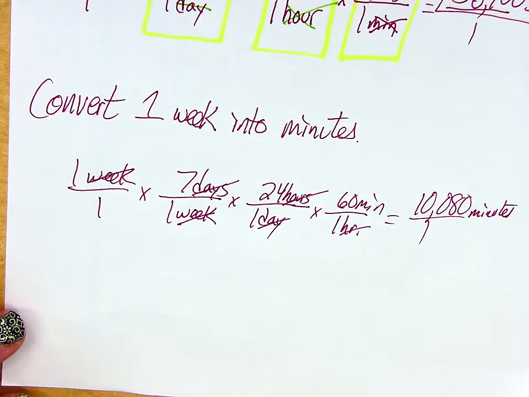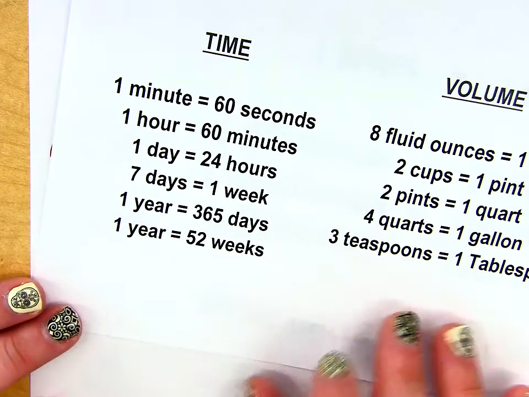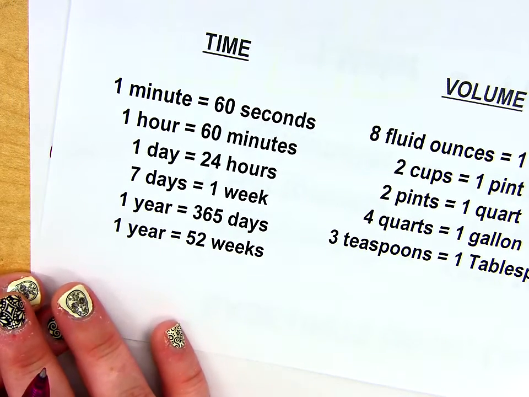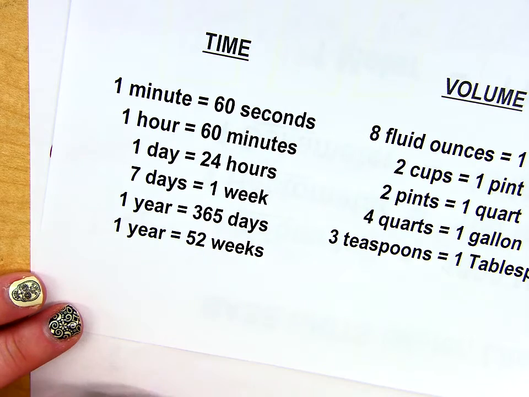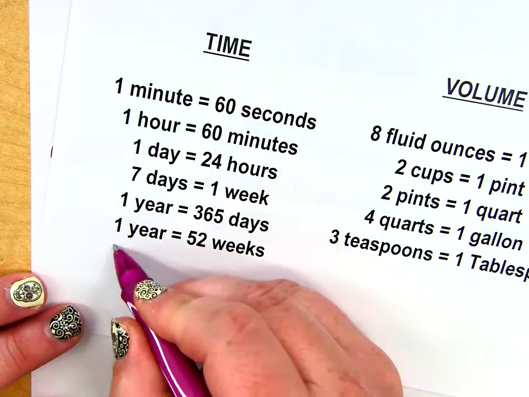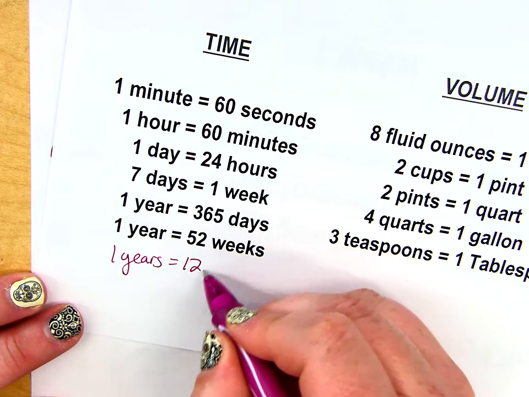Let's add one more thing to your timesheet. I'm just realizing this isn't on there, and I know why, but let's say we added a month on here. Okay, 1 year. How many months is that? 12 months.